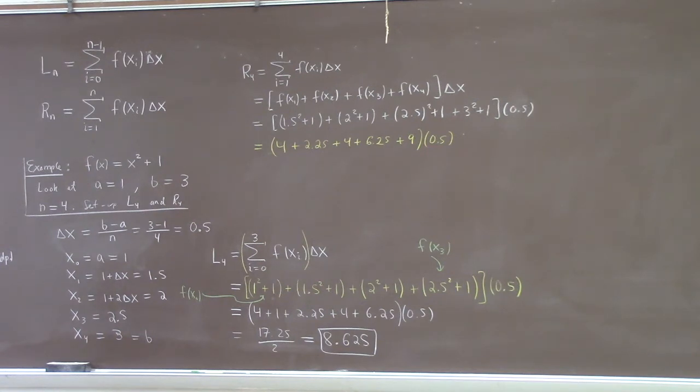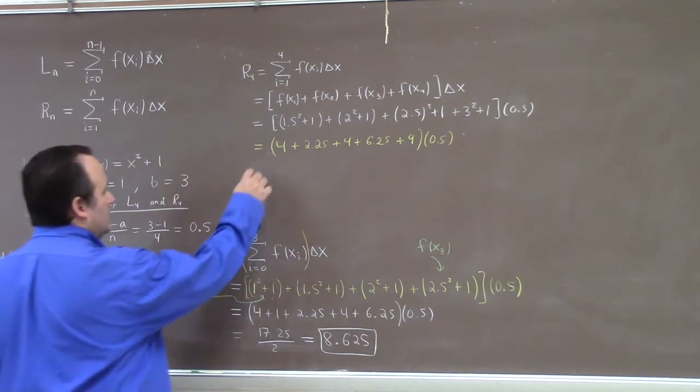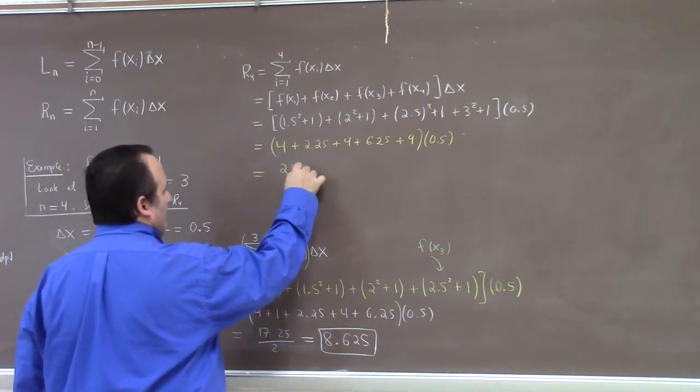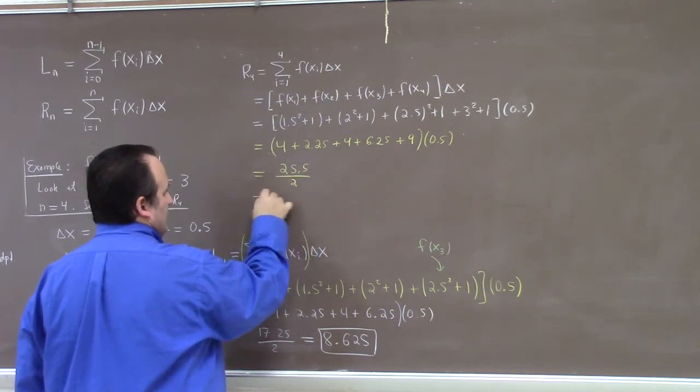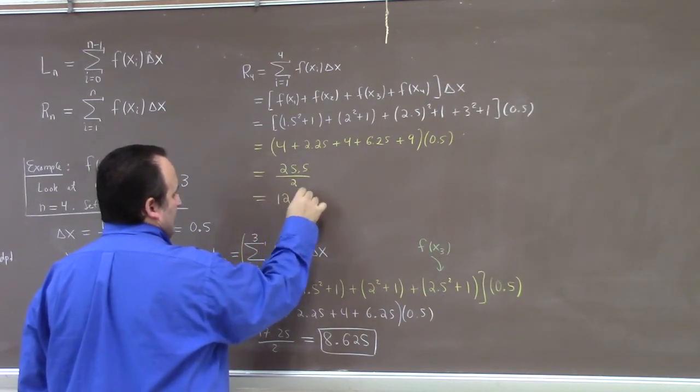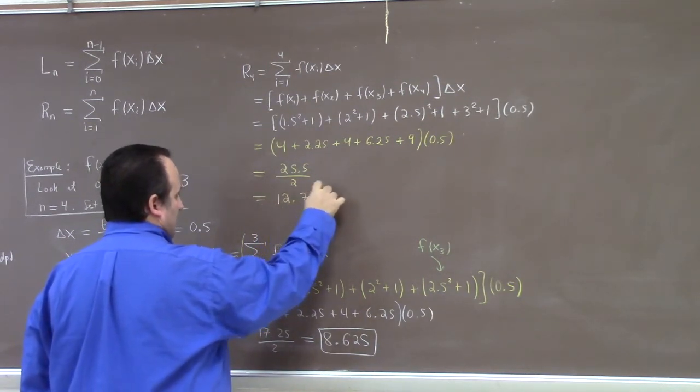Well, it's 8 plus 9 is 17. 17 plus 2 is 19. 19.25. 19.25 plus 25.5, I think, divided by 2, so you get 12.75, I think.